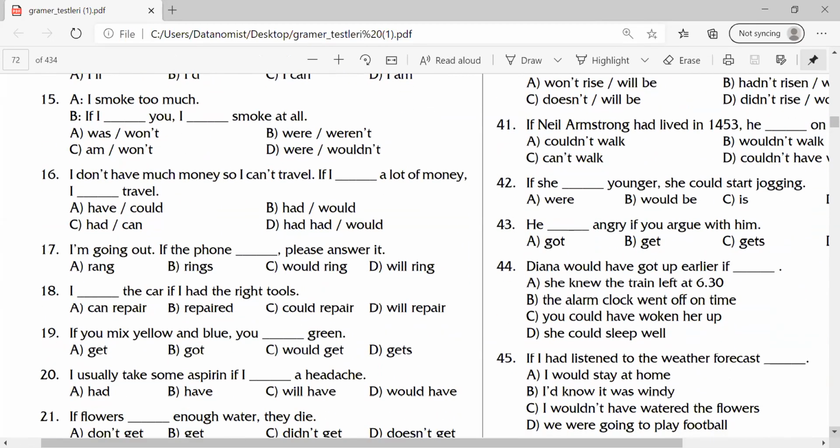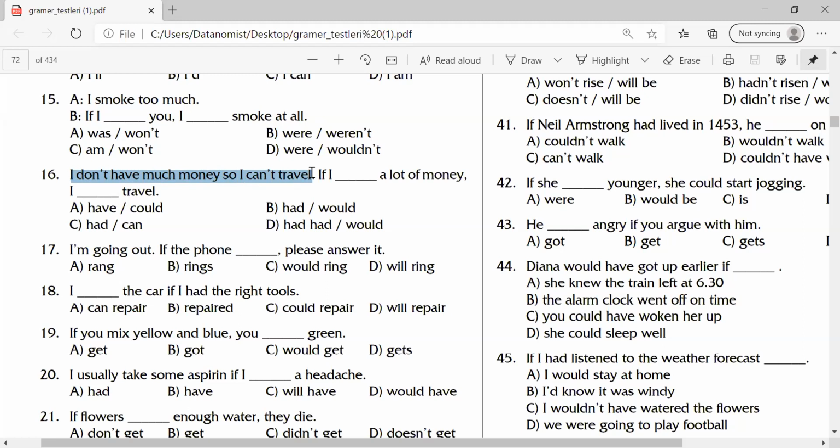This is the way you have to look at conditional sentences. Anyway, I don't have much money, so I can't travel. Please understand, whenever you're talking something contrary to fact. Now, what is the fact? I don't have much money, so I can't travel is the fact.